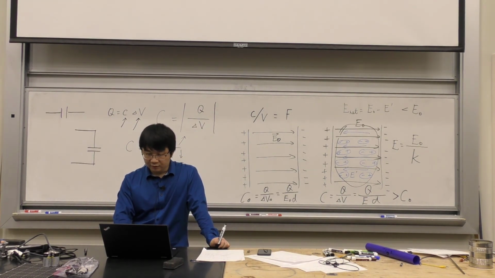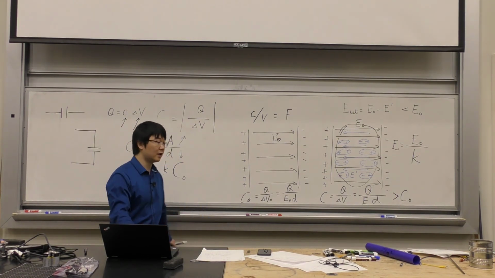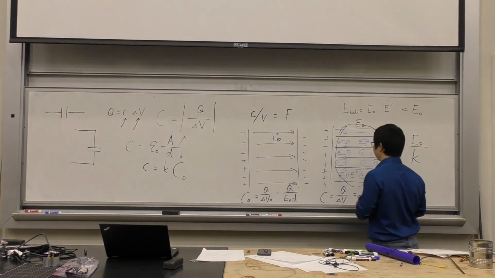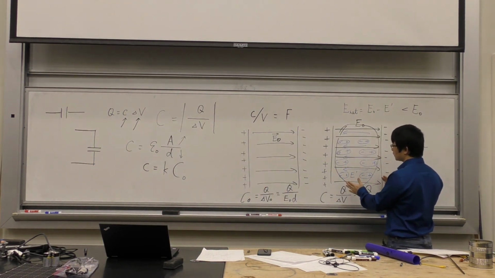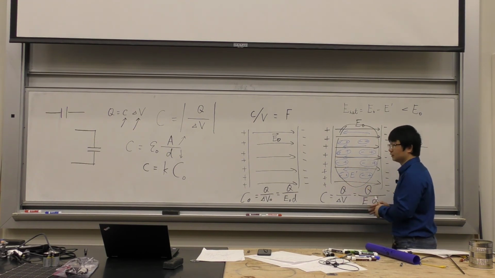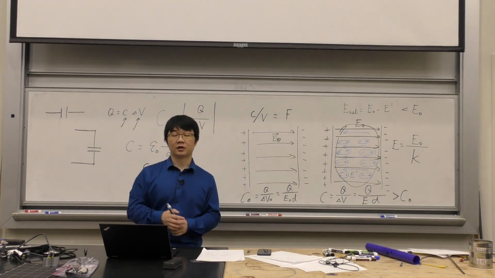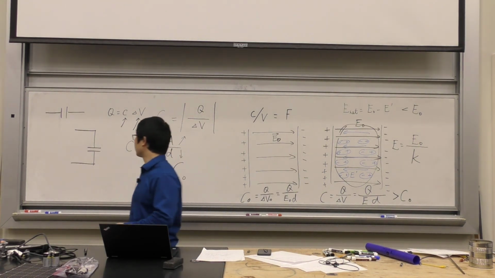But you can check other materials, they have even better dielectric strength. Right. So if you put them between these two plates, that means you can connect these capacitors to a higher voltage, so they can store more charge for you, right?